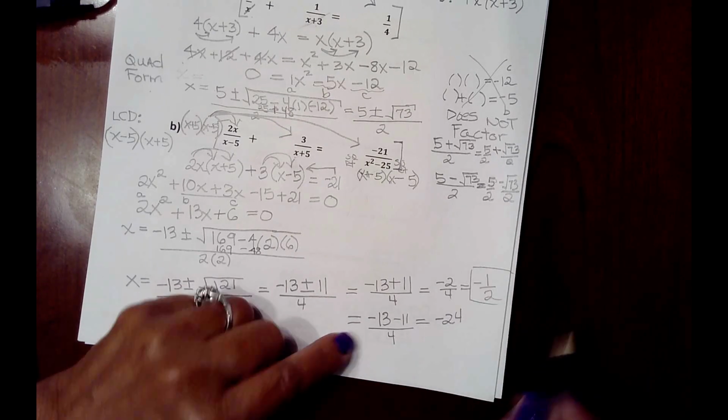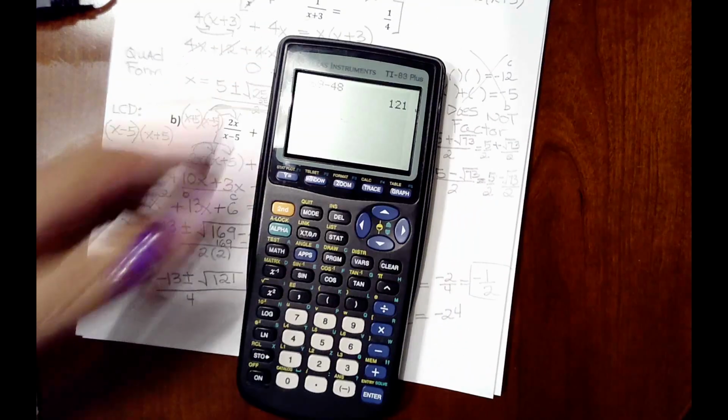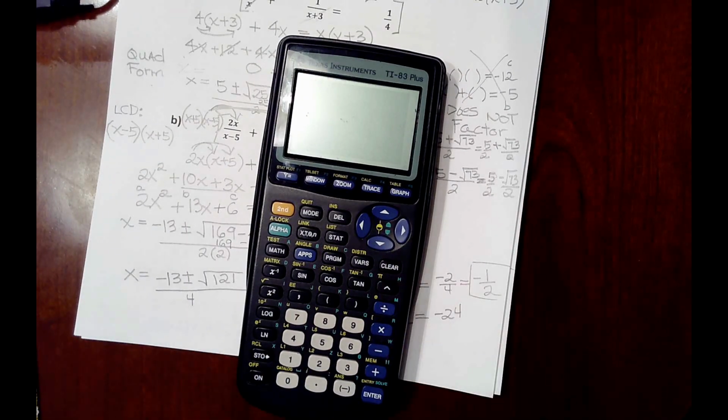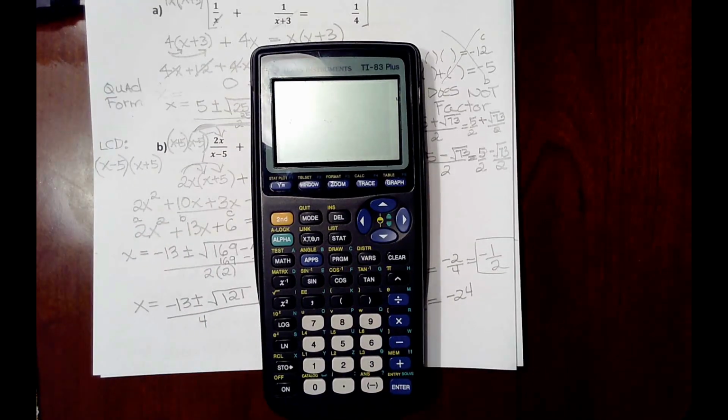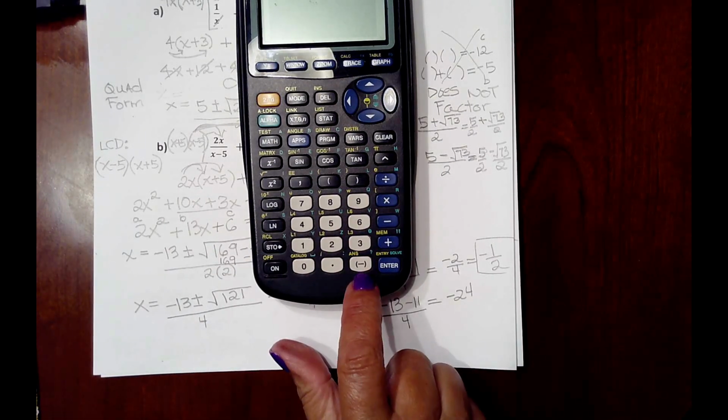Again, you can put that in your calculator. If you're going to put this in the calculator and the first number is negative, you must attach it with this symbol right here. Do you see that down at the bottom of the calculator? There's this minus. That's if the front number is negative.